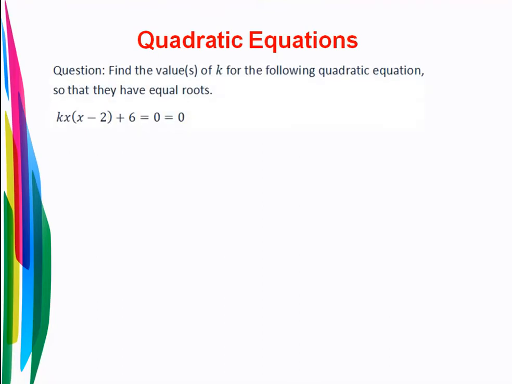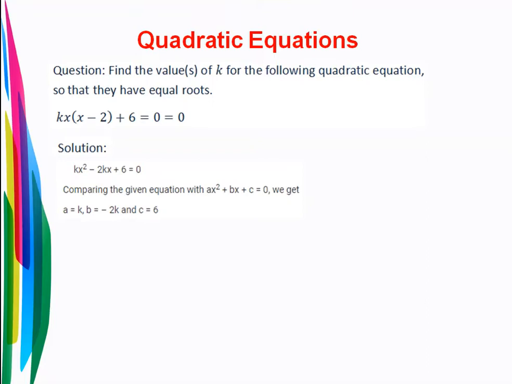Given a quadratic equation kx into x minus 2 plus 6 is equal to 0. I have to find the value of k such that it has equal roots again. But first I am going to multiply this equation. I get kx square minus 2kx plus 6 is equal to 0.